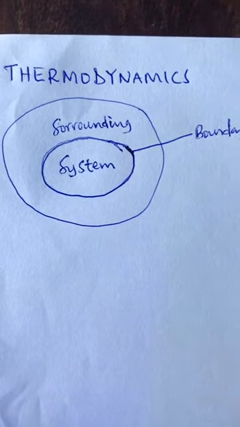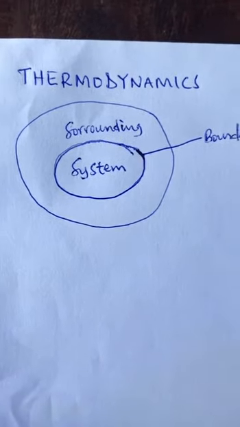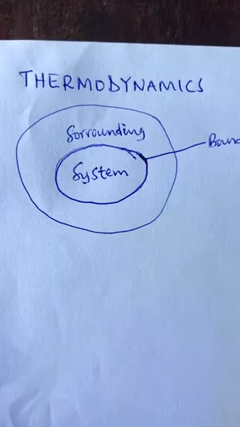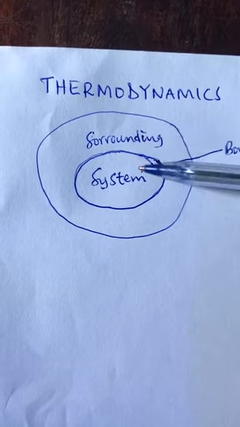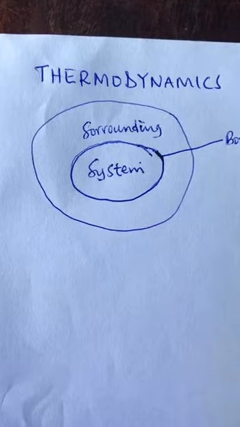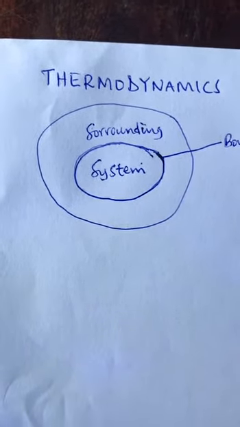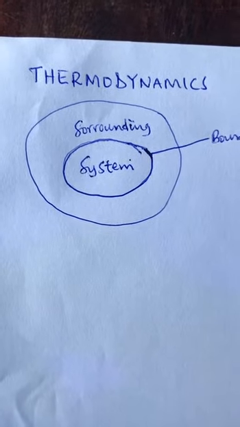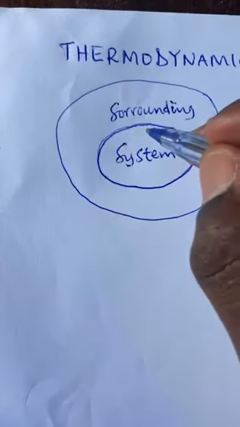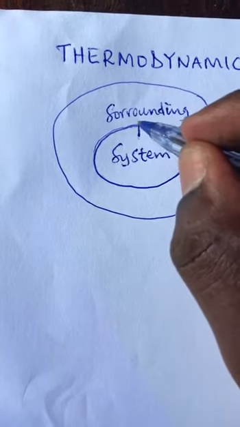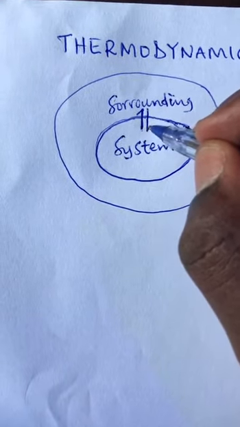Now if it is lost to the surrounding, and the surrounding gains that heat, a time is going to be reached when the heat transfer from the system and the surrounding is the same. So therefore we say that the system has attained thermal equilibrium. You get that? So that means the rate of heat transfer from the system to the surrounding is equal to the rate of heat transfer from the surrounding to the what?